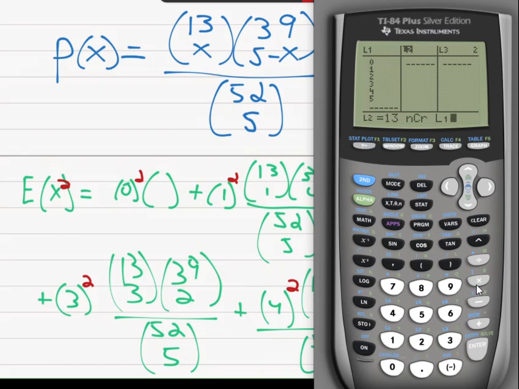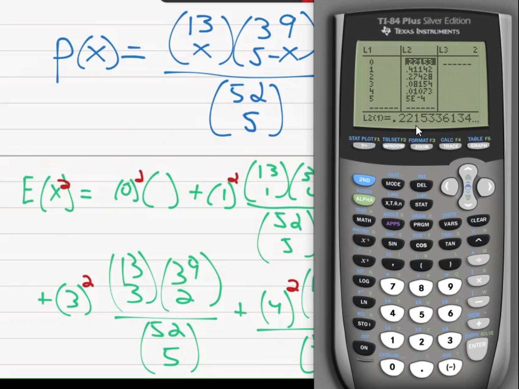And what I want to do is multiply that times 39, math, probability, nCr. So 39 choose, and let me put in parentheses, 5 minus whatever is sitting next to me in L1. Okay, and now I want the division, and then I want 52 choose 5. So math, probability, option 3, 52 choose 5. And there we go. So now we have the associated probabilities.